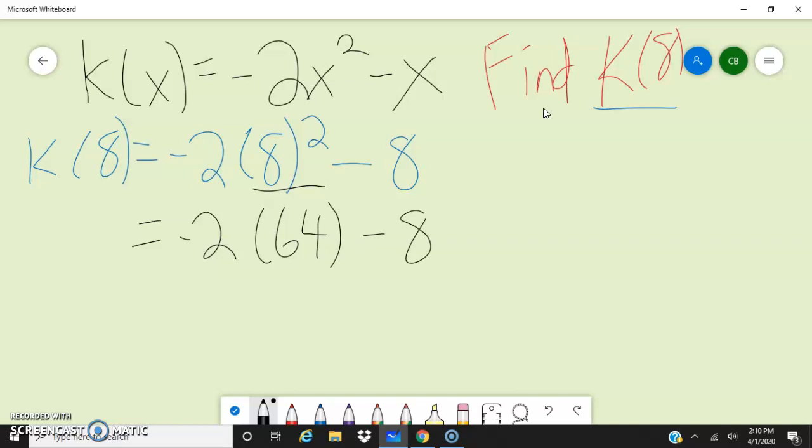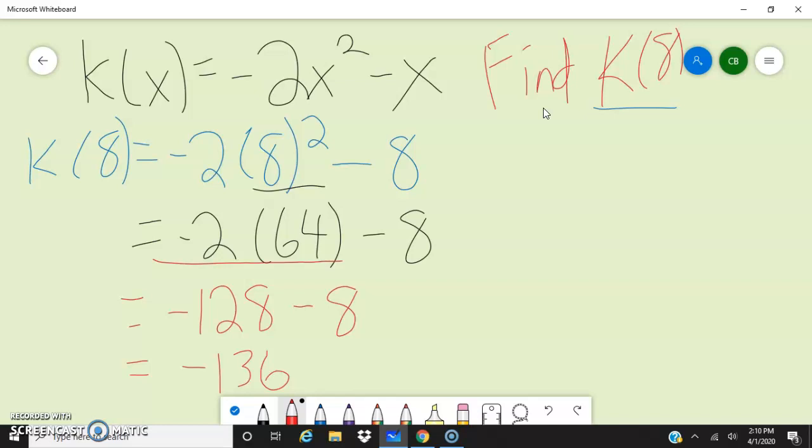Now I can go back and still do order of operations. I don't want to subtract 8 first. I want to go ahead and multiply this out. So equals negative 2 times 64 is negative 128, minus 8, which I can simplify one more time to negative 136.